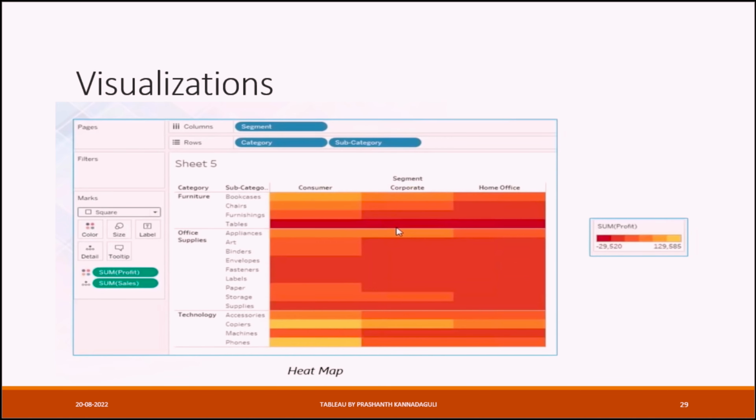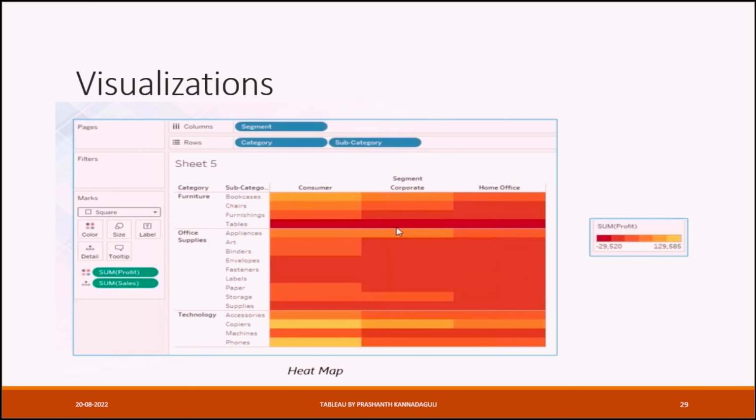There are some other categories vertically. That doesn't matter as of now. We are simply trying to analyze what a heat map is, just making you recall what we had done. So if I look at, say, the phones under the consumer category, you see that that is close to yellow. That says that okay, there is profit. So this is how you distinguish.